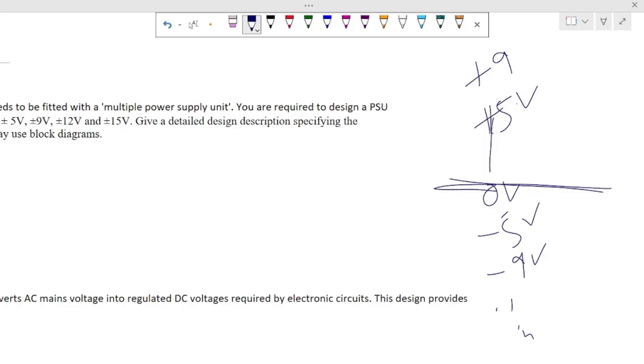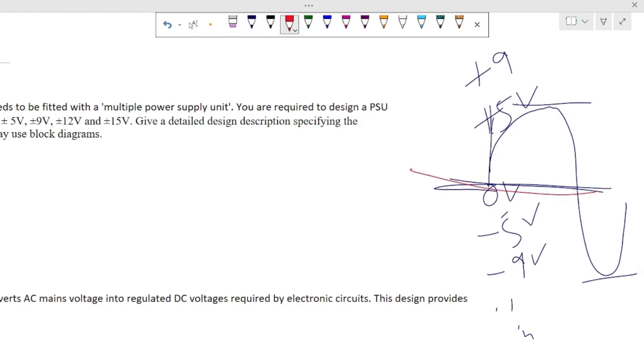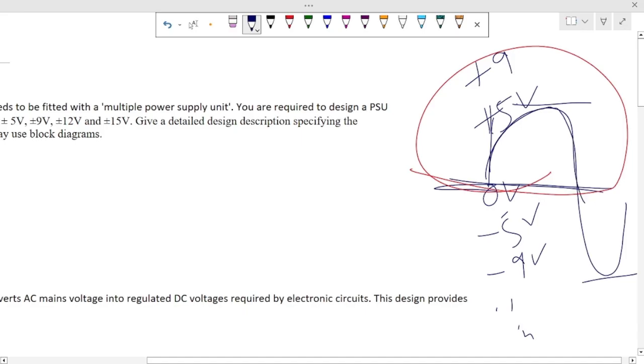Now, having negative and positive voltages is important when we get to deal with amplifiers, because when we have an input signal and we want to give an output signal, let's say we have only ground and positive volts, the output signal will only contain signals in the positive side.